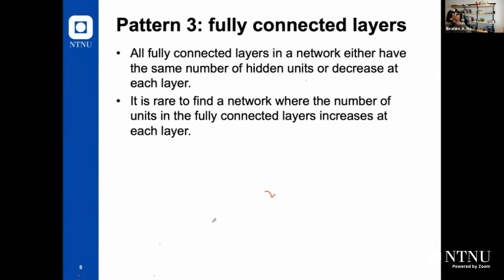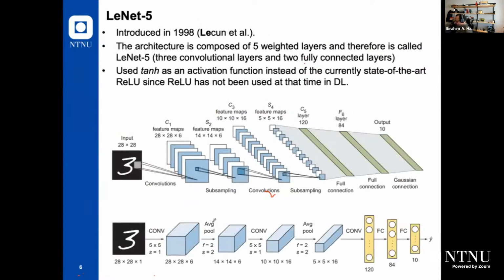The number of hidden units decreases over time, and it's rare to find a network where the number of units in the fully connected layers increases in each layer. So usually the number is fixed or decreases, similar to this example here. So the number of hidden units decreases, but not increases, right?